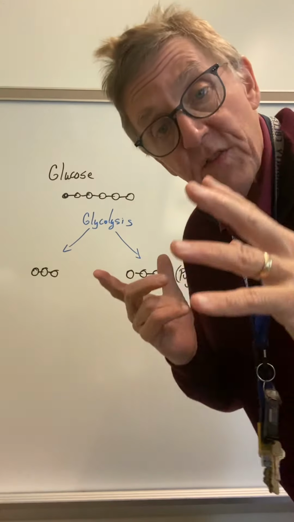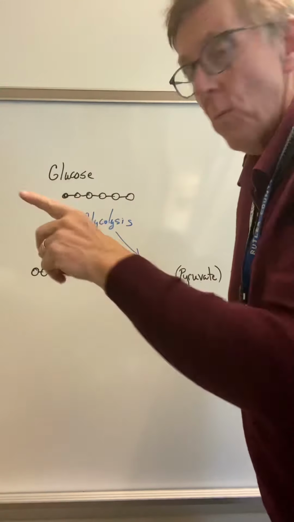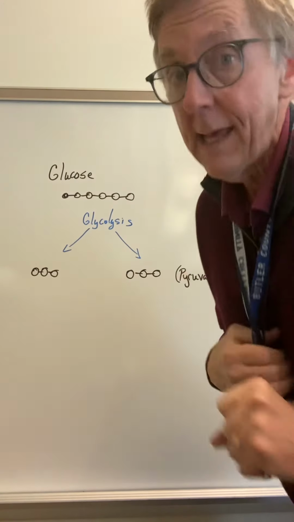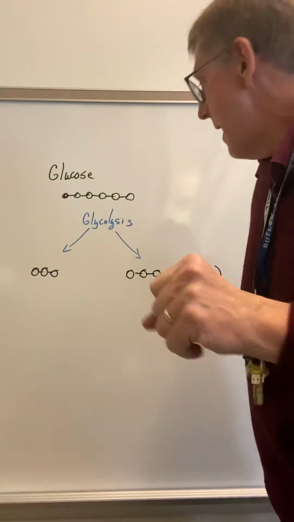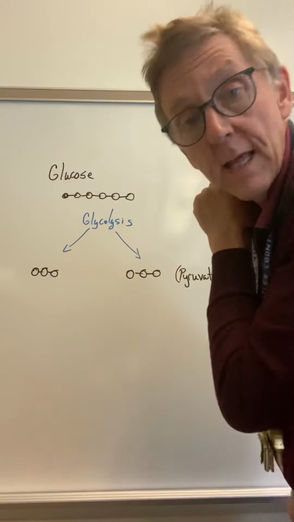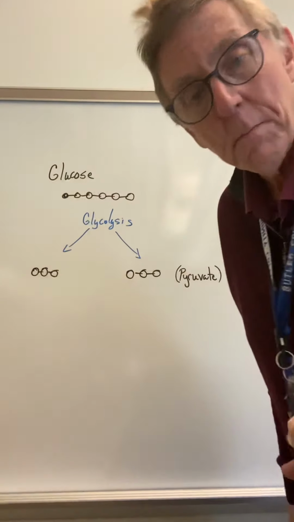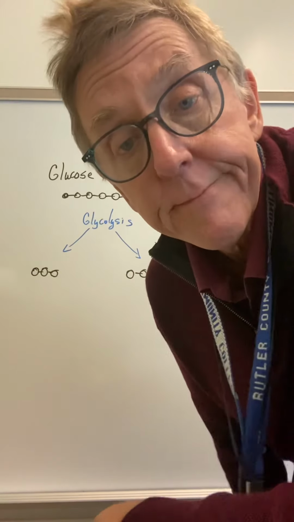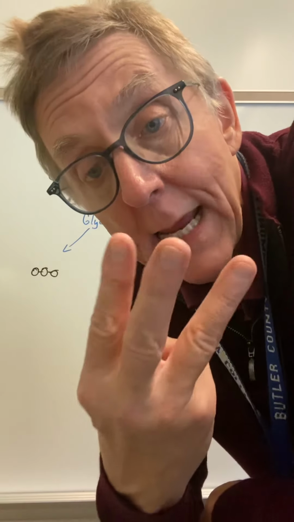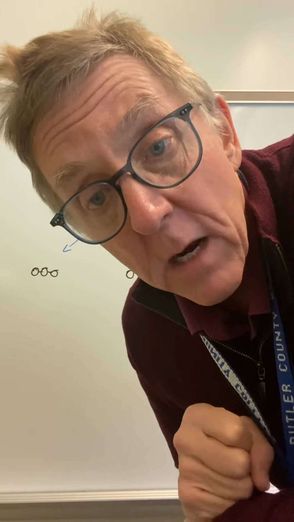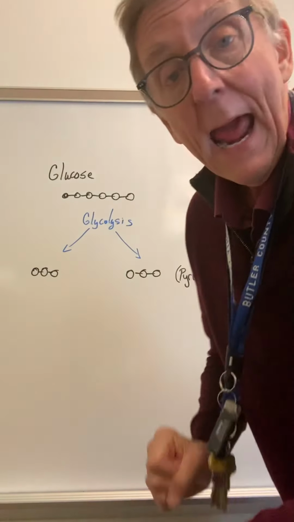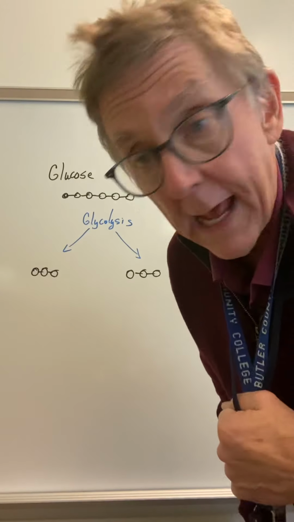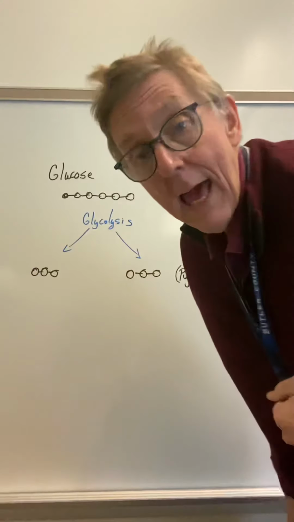Glucose is a 6-carbon molecule. And we said in the cytoplasm of the cell, we're going to have glycolysis. And that 6-carbon molecule is going to be broken in half into what? 2 3-carbon molecules that are called pyruvate. And the electrons that are released from there are going to be used to make ATP.